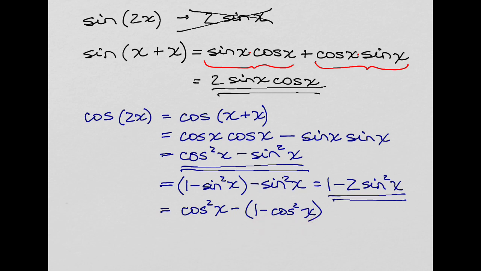My 1 is negative, so this is 2 cosine squared x minus 1. And that's version 3. All 3 of those are identical to cosine of 2x, and which one you pick at any given moment just depends on your goal, what you're aiming for.